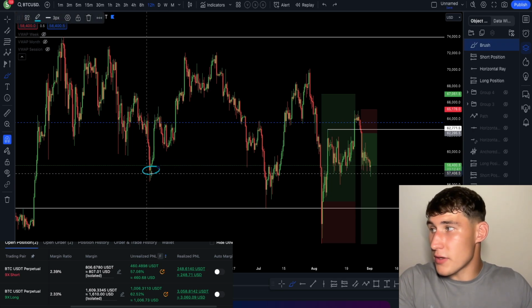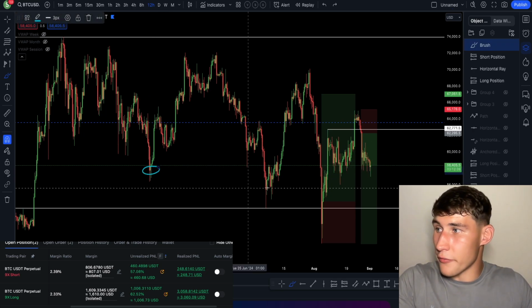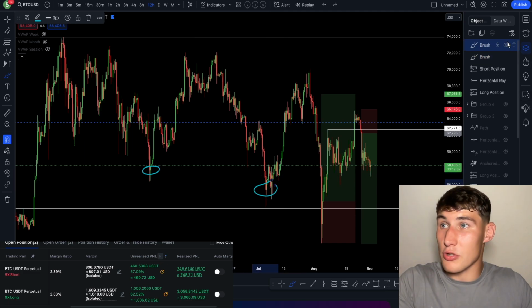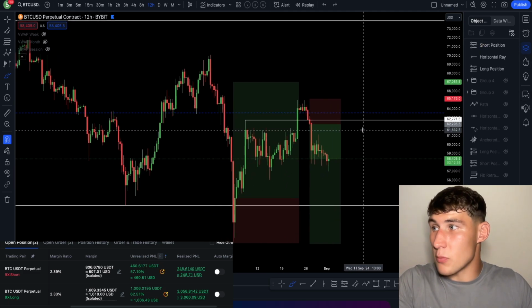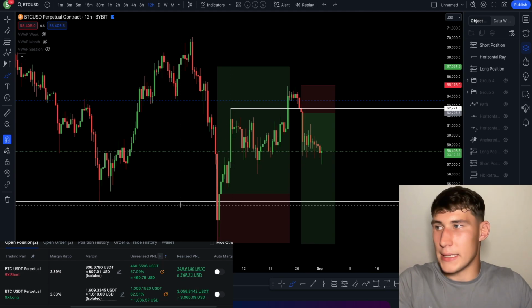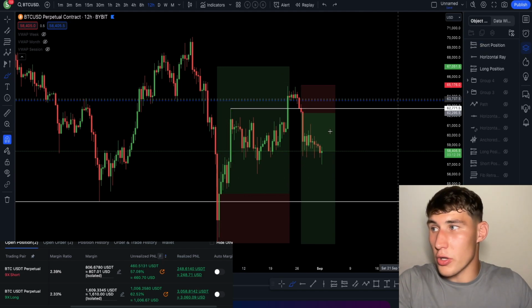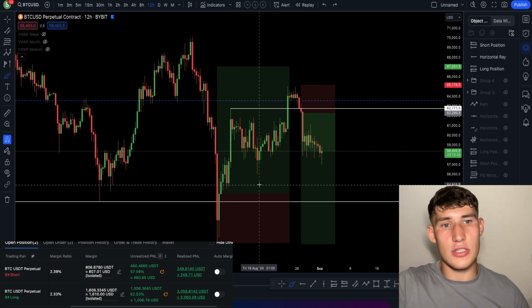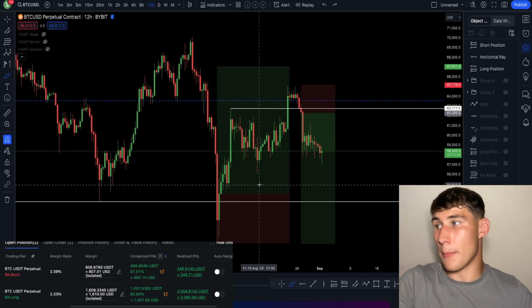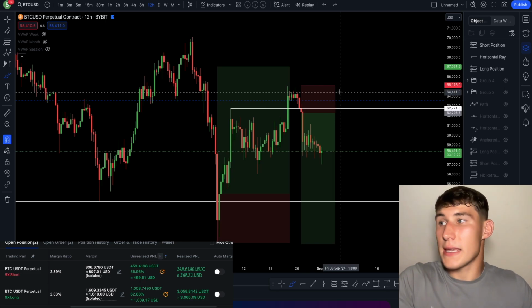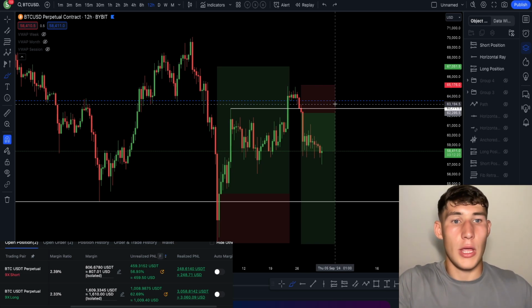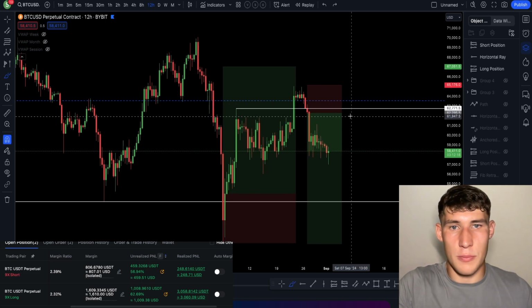Some of the previous long trades that I've taken is a long from this low here as well, but of course, the most recent one is the long that I am currently in at this moment in time, all the way back from the 5th of August. So I have been making some really nice profitable long trades, but the short trades have been favorable because Bitcoin is in this bearish market structure.